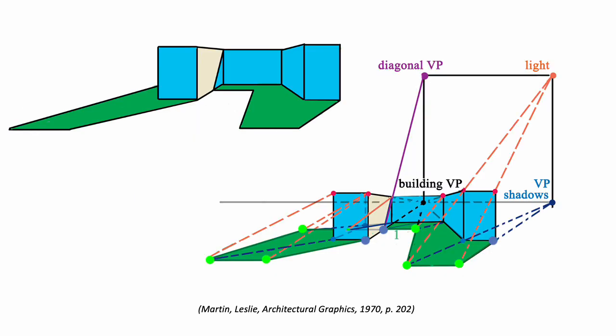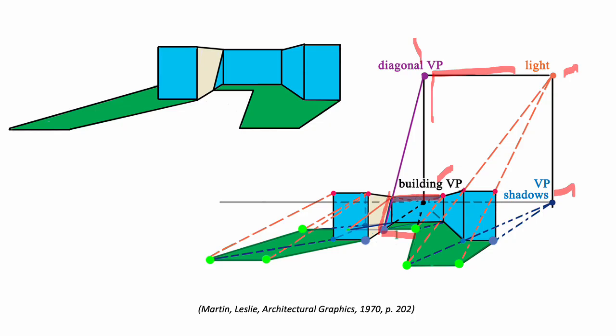So here again we have the building vanishing point, the shadow vanishing point, and the light, and we can find the diagonal vanishing point using its relationship with the light and the building vanishing point. And so that gives us this diagonal here. And it reaches the ground here, so this is the shadow of this horizontal pole.